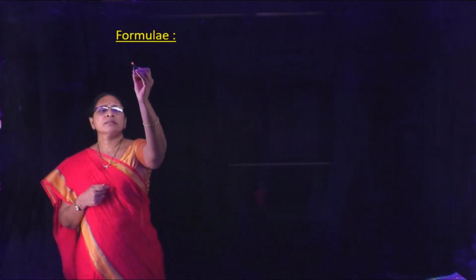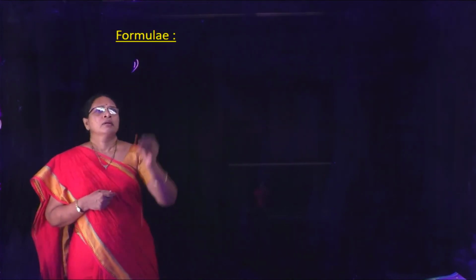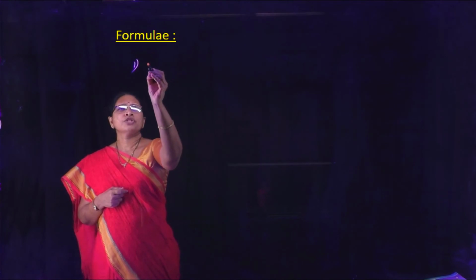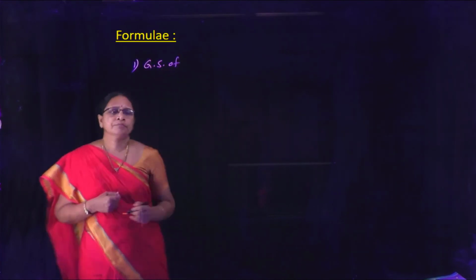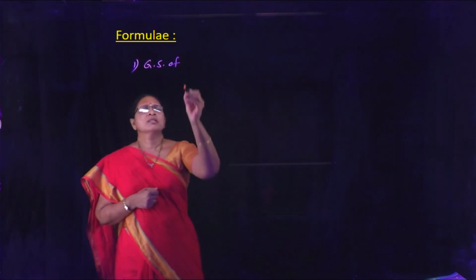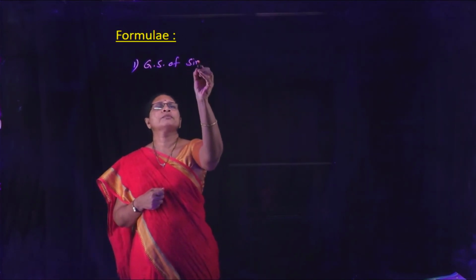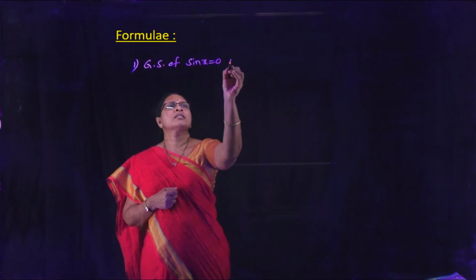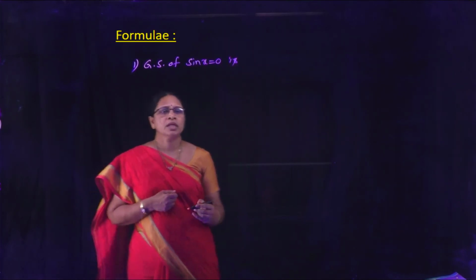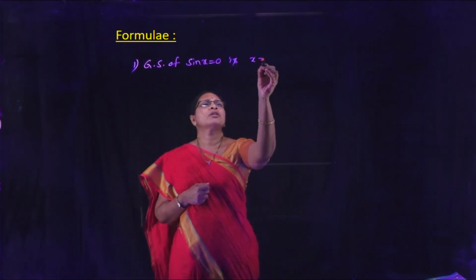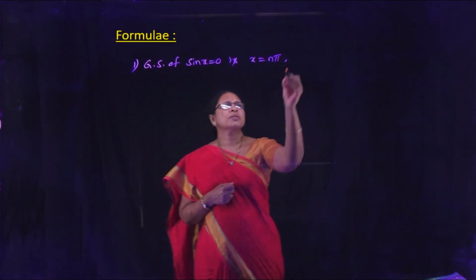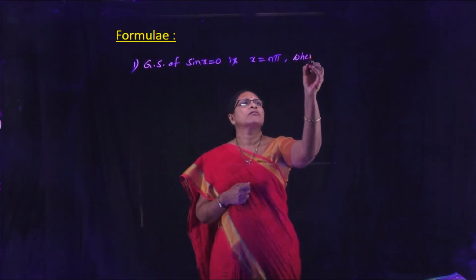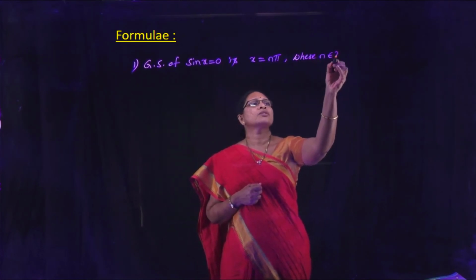First one is general solution of sin x equal to 0. Sin x equal to 0 is x is equal to n pi, where n belongs to z.